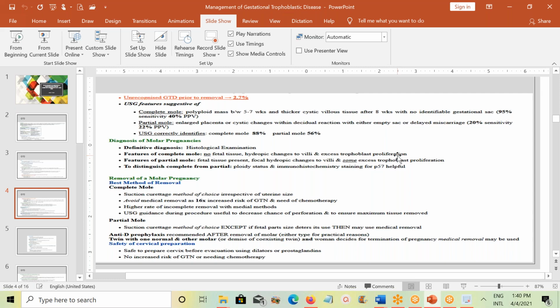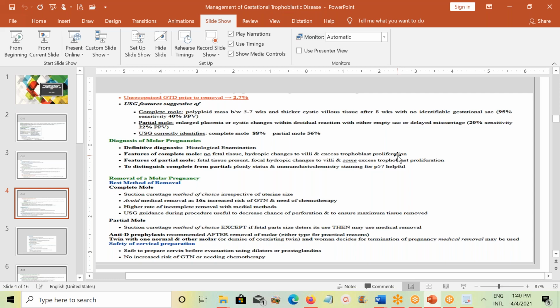In these situations we can consider balloon tamponade, because we want to compress the blood vessels so that bleeding will not occur. If that is not possible, then we will think about uterine artery embolization, so that it can be stopped.